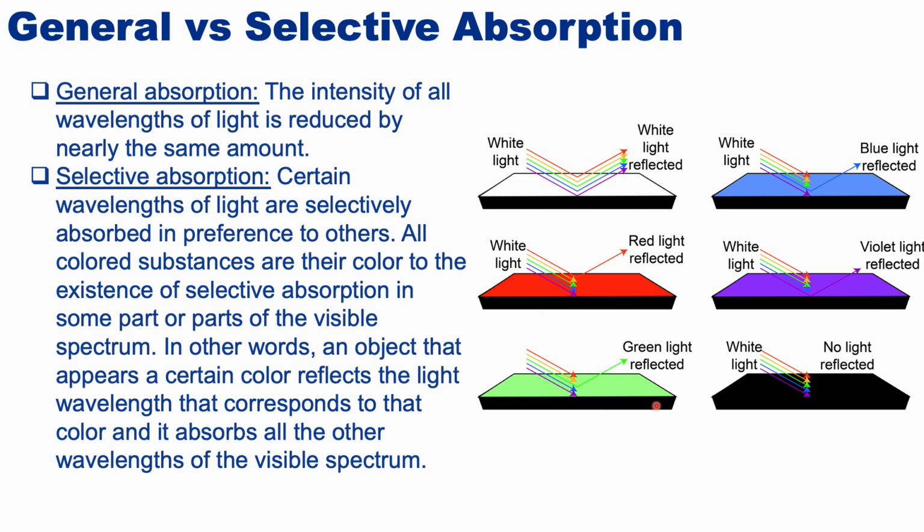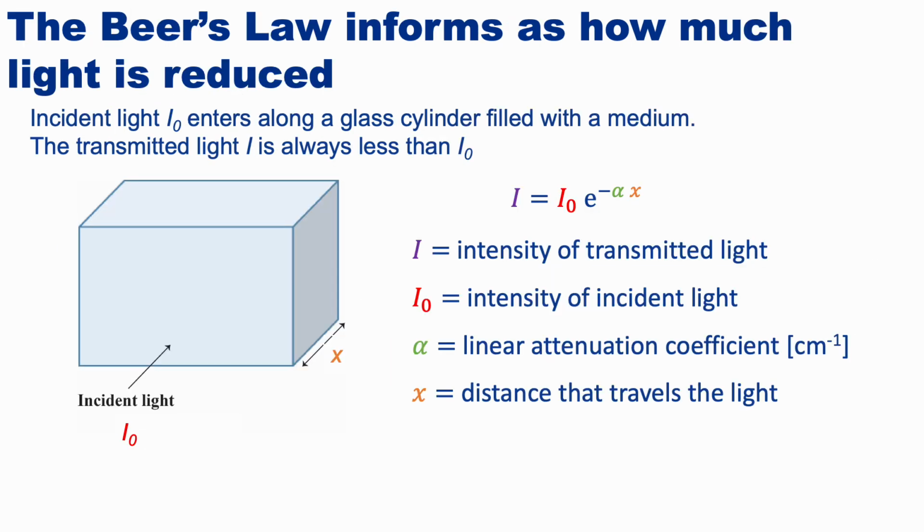We can do the same with an object with black color, which means that all the incident light is absorbed. So selective absorption is often related to the appearance of colors, because the other ones are absorbed.